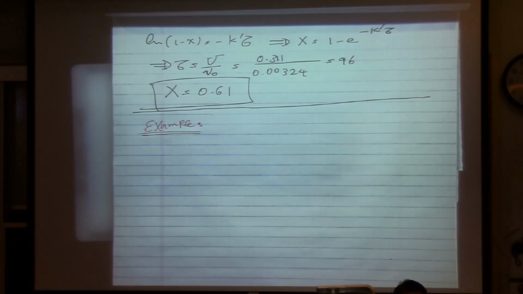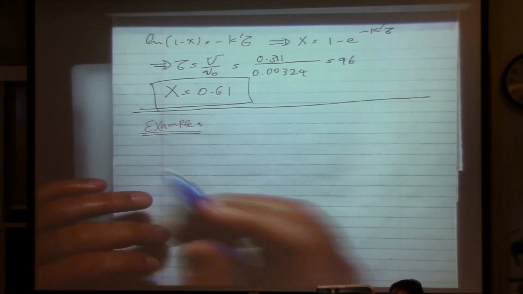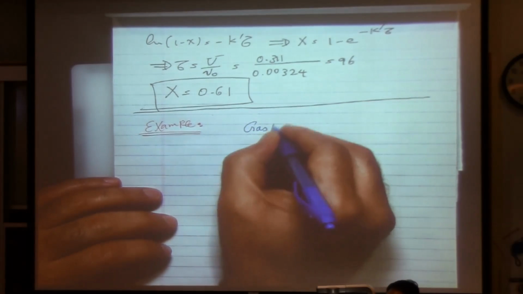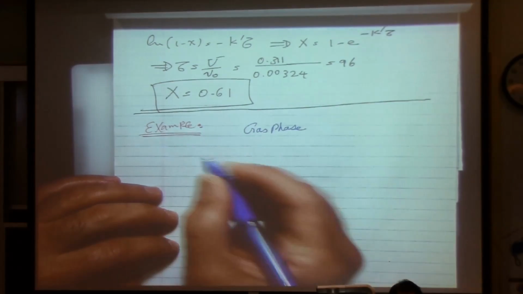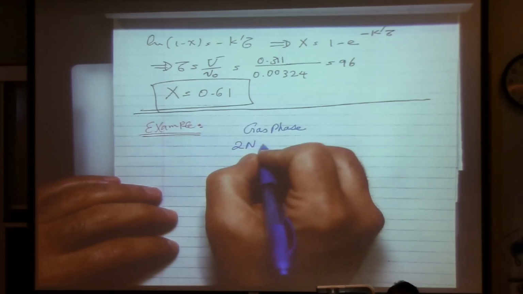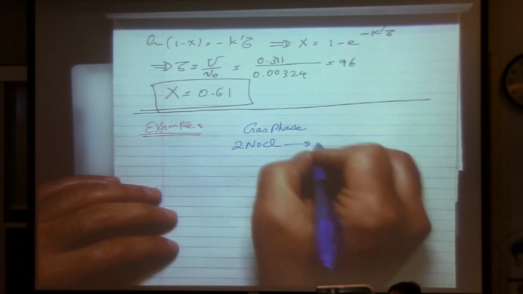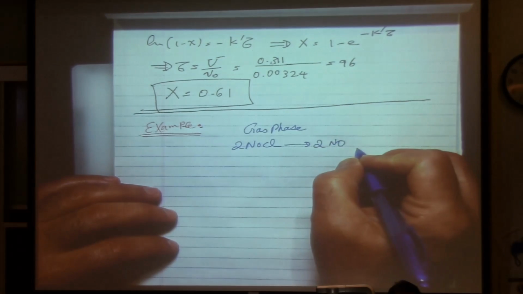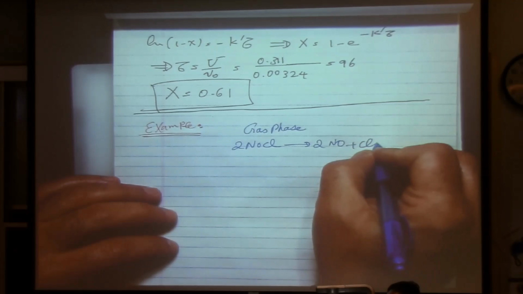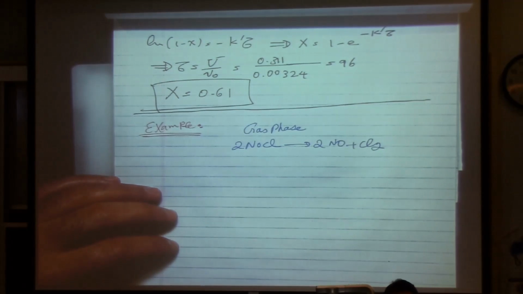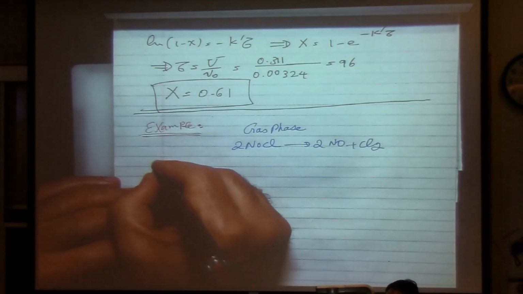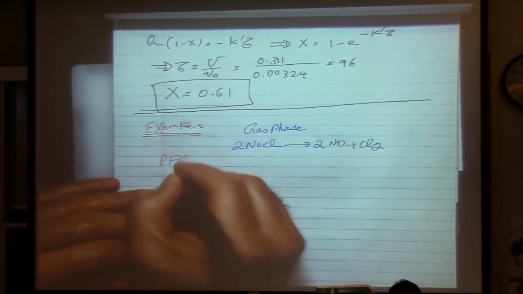Okay, the next example is a gas phase reaction. It is the decomposition of 2 NOCl to 2 NO plus Cl2. This is happening in a PFR, a plug flow reactor.